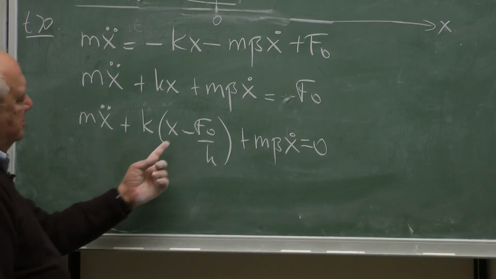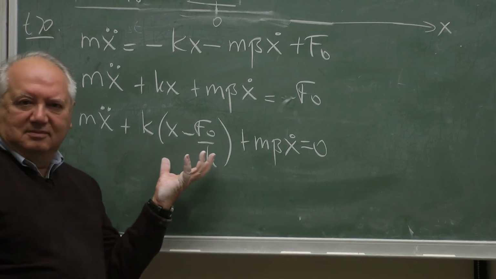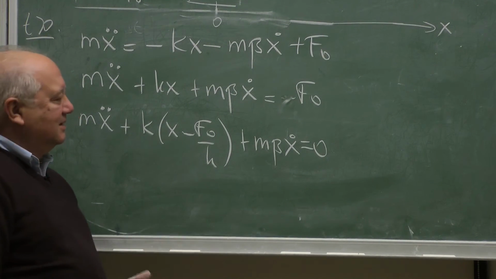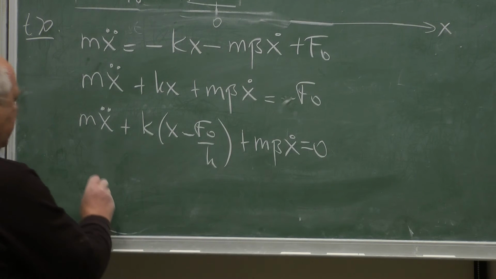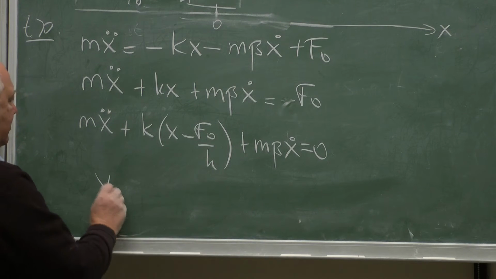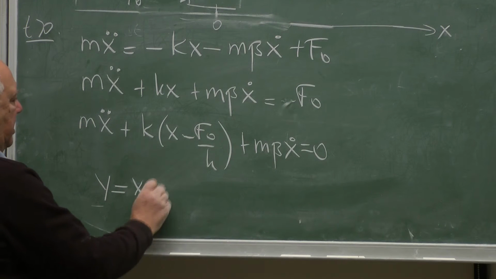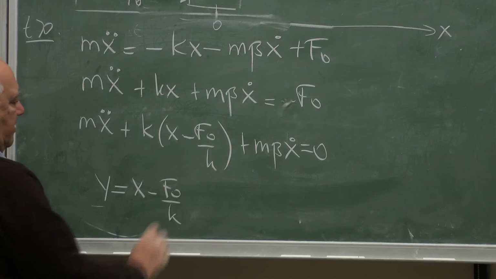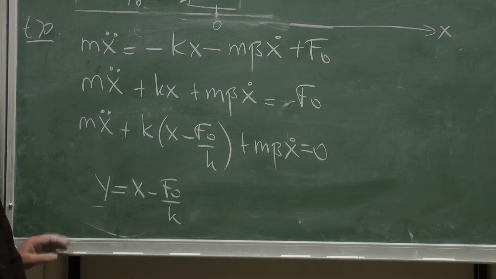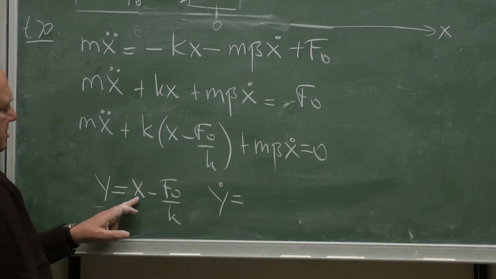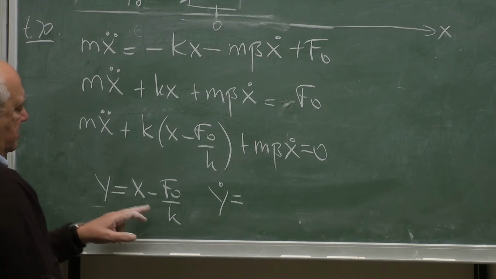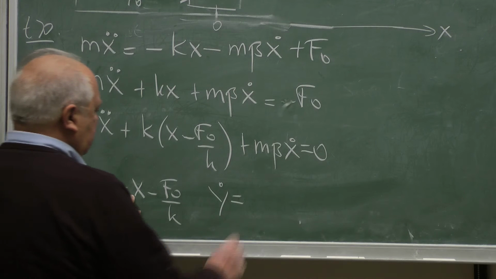Now, let's change to a new variable. It is tempting to change to the new variable y, x minus F0 over k. So y dot, the velocity of y, is the same thing as x dot, because F0 over k is constant.